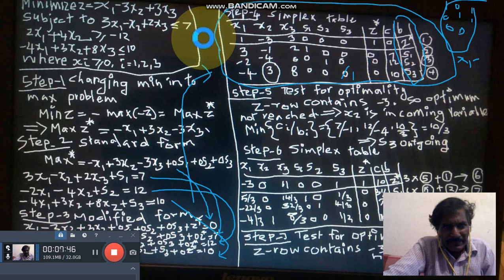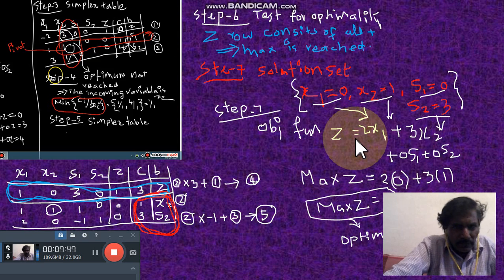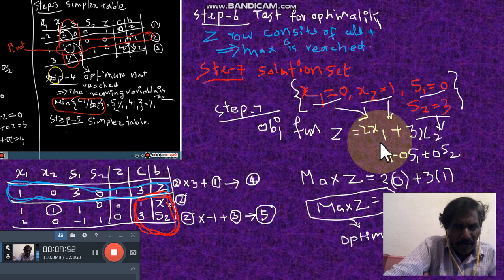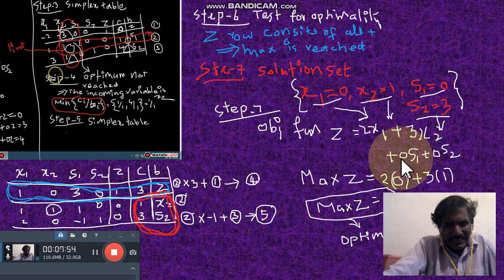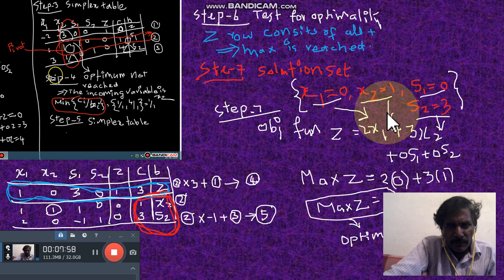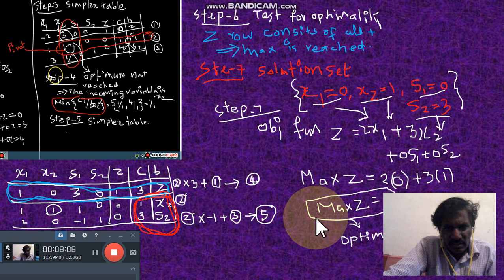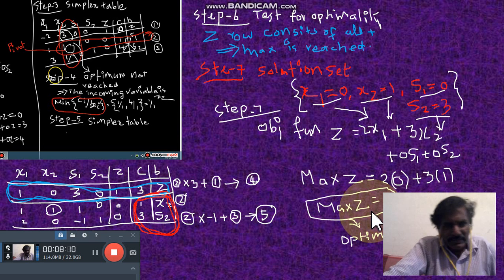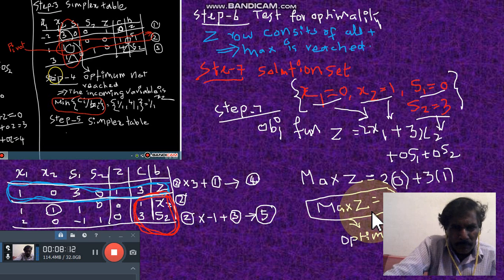Substitute the values in that equation. You will get z equals 2x1 plus 3 into x2 plus 0 into s1 plus 0 into s2. Substituting, you get 2 into x1, the value is 0, plus 3 into x2, the value is 1. So the maximum z equals 3. And this is the answer for our problem.